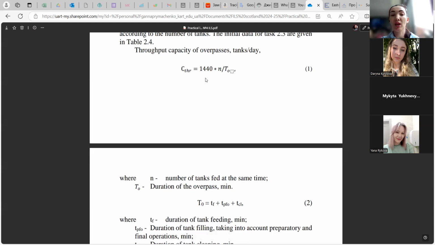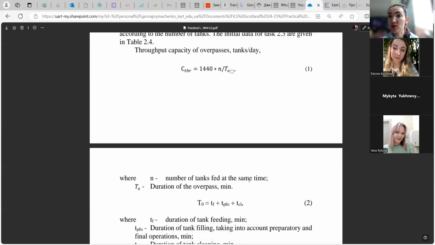So from minutes to days, we use 1,440. It is how many minutes in a day. Multiply by such a parameter as n. It is the number of tanks fed at the same time.